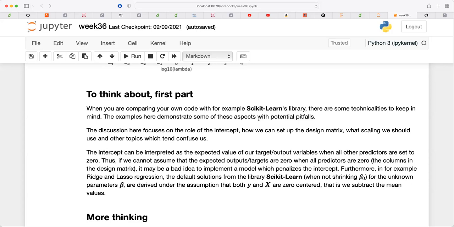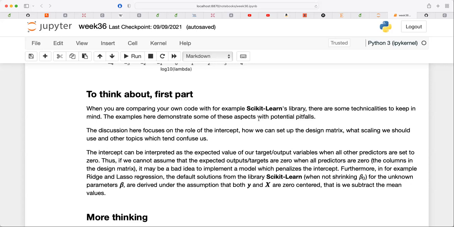So when you are a little bit in doubt whether your program is running correctly or not, you have, in a way, functionality in these libraries which allows you to compare your program with what these libraries have. And so in a certain sense, you can think of these libraries as a way to support you in assessing and checking that your program is running correctly.